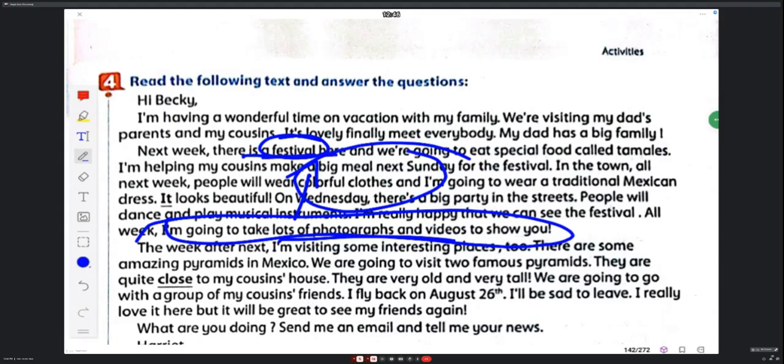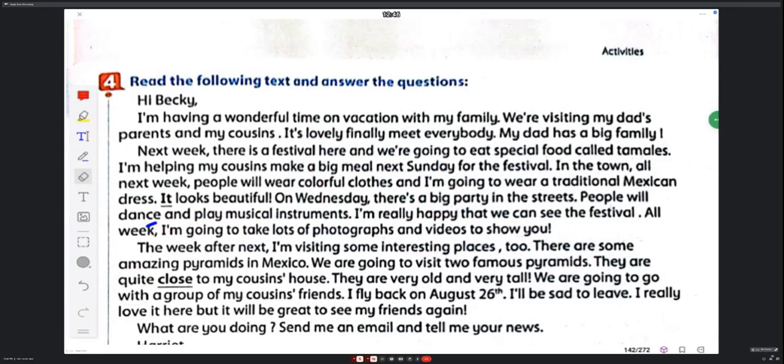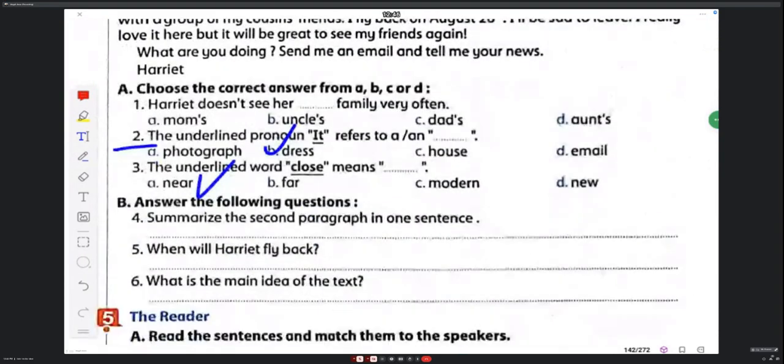It's a festival, and I'm going to show you. Any other idea? Can we say the idea of the text is a festival in Mexico? No, this is not a sentence. This is an idea, but he wants me to summarize.